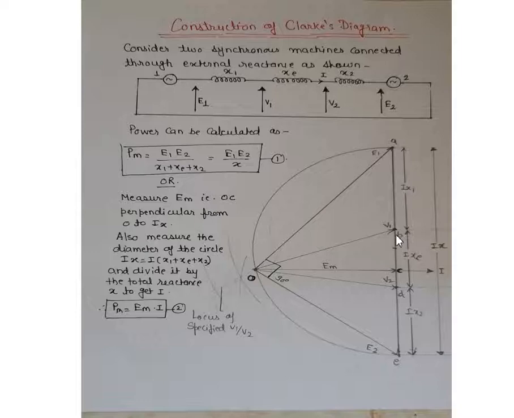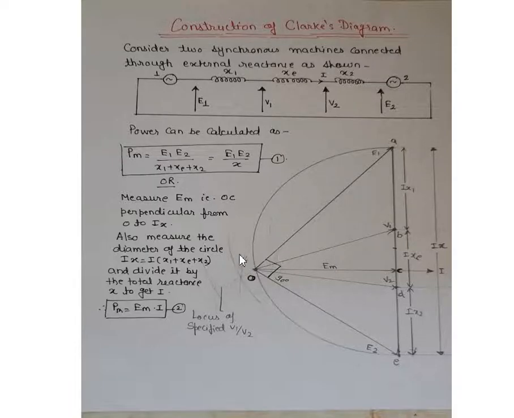So with B as a center, take any distance in your compass and mark this arc. Then take any distance in your compass with E as a center and mark another arc. Continuing with this type of construction and drawing these arcs, we have drawn here arc 1, arc 2 and arc 3.